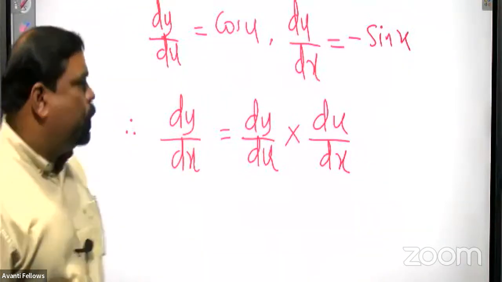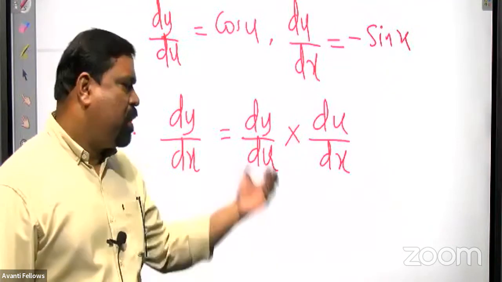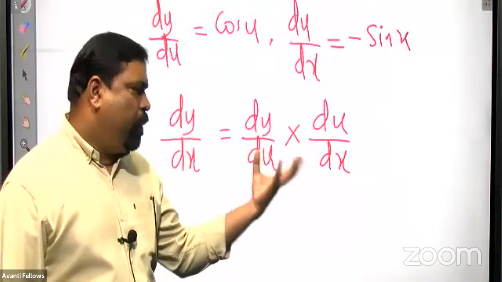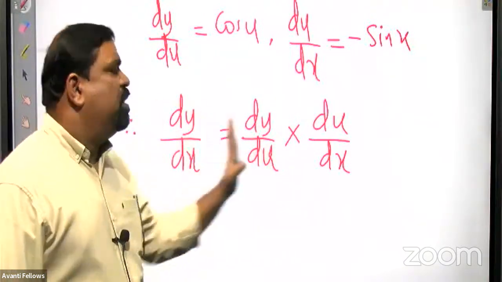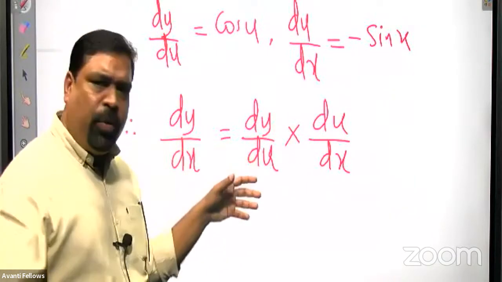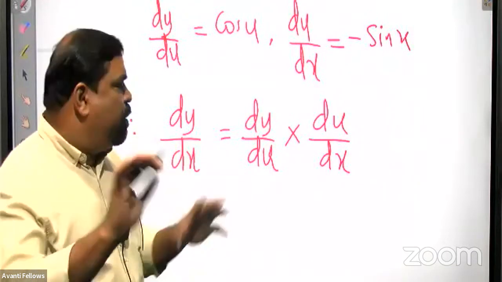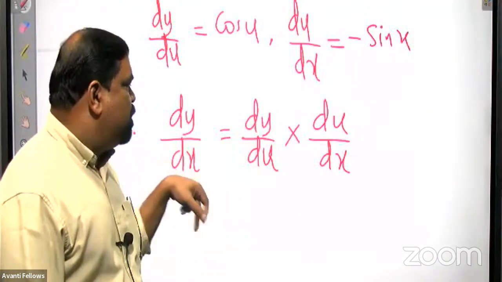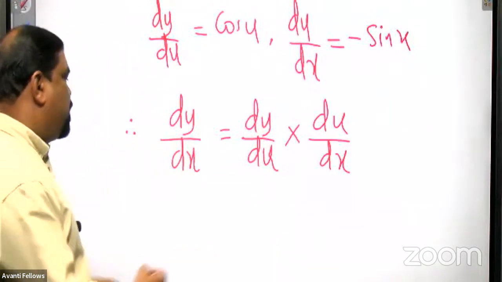How it comes is beyond our syllabus, so just remember this formula. It is just like cancelling du and du, though it is not actually cancelling, but you can imagine it that way. The du and du cancel, and what remains is dy by dx.